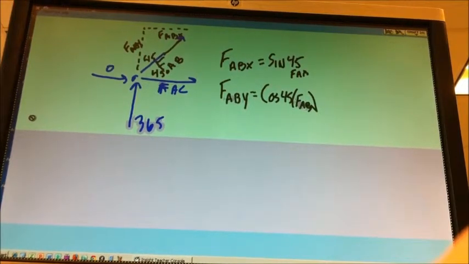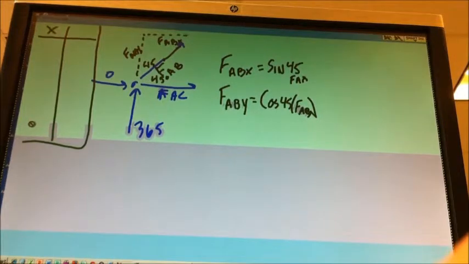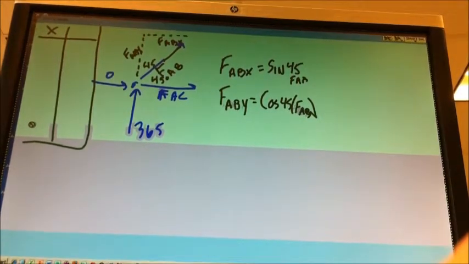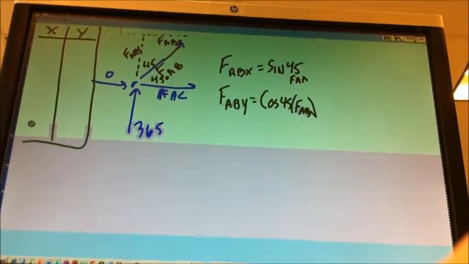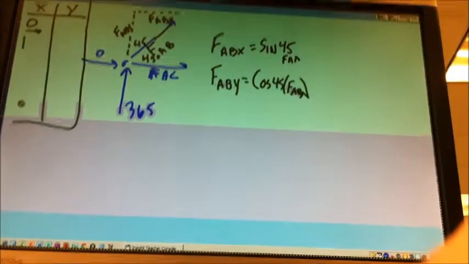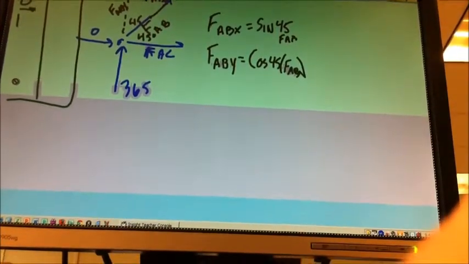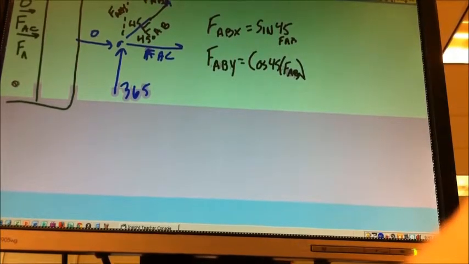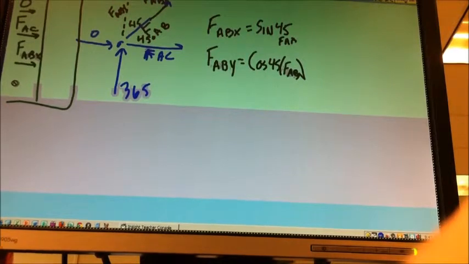So let's list our forces. We've got our x and our y direction. In our x direction, we've got 0 going to the right, FAC going to the right, and we've got FABX. Someone tell me what the answer is.